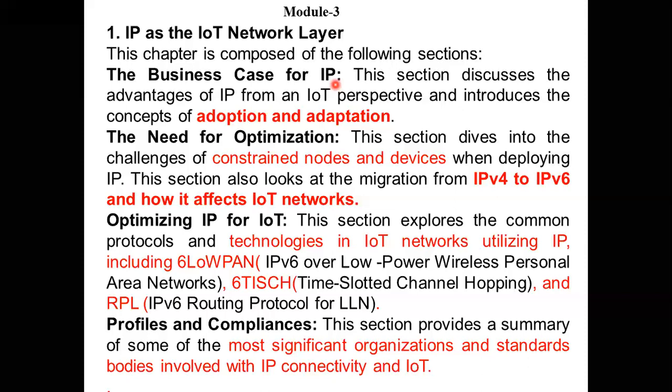Already you know that in Internet of Things we are using constrained nodes most of the time. What are constrained nodes? We studied them clearly in the second module. Constrained nodes are nothing but nodes having low battery power, low processing speed, as well as low storage.